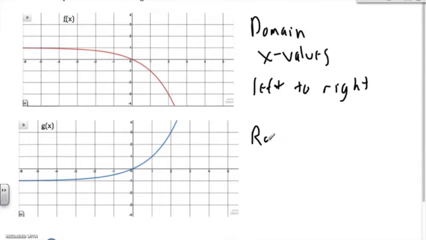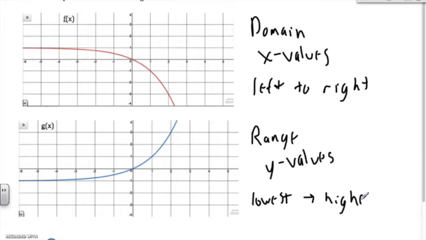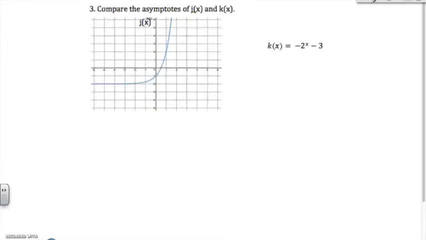Our range is going to be all our possible y values, and it's going to give us our lowest point to our highest point. So those are going to be what you are looking for when you're finding and comparing the domain and range of each function. Alright, let's move on to problem number 3.